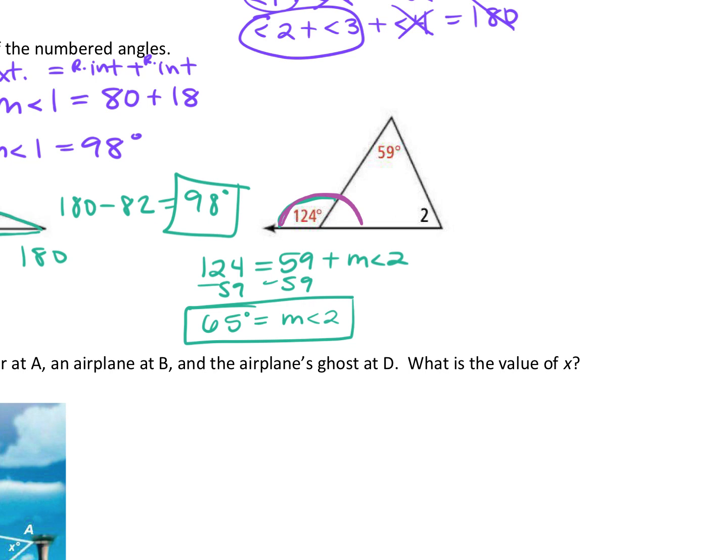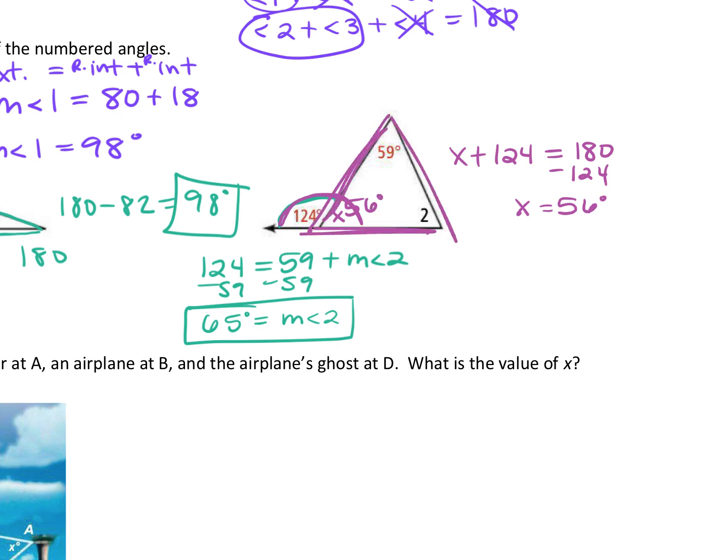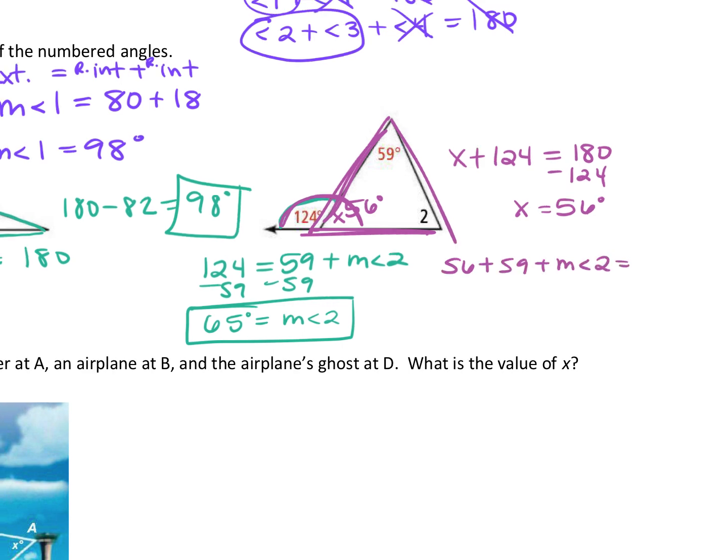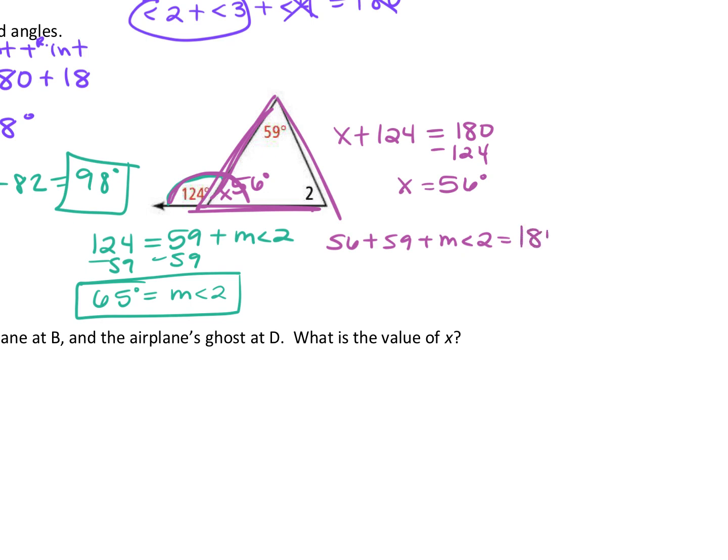They're a linear pair. So I could call this x for now. I can say x plus 124 should equal 180. So take away the 124 and x will be 56 degrees. And then if this is 56, now I have a triangle with angles 56, 59, and the measure of angle 2 that I can set equal to 180.